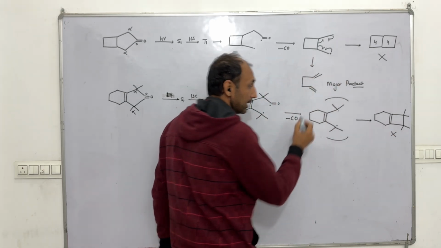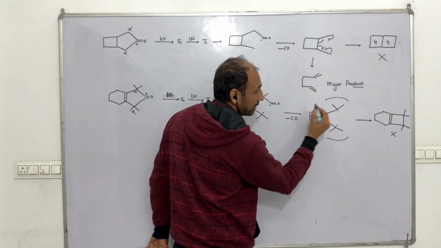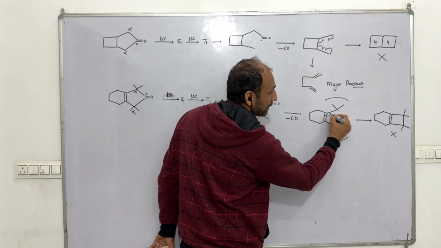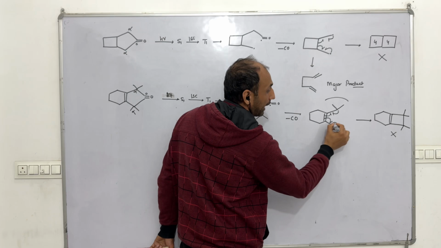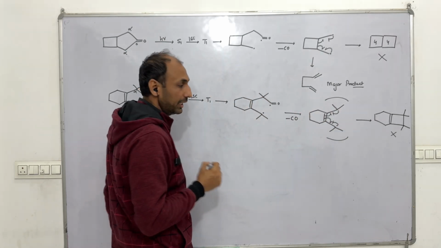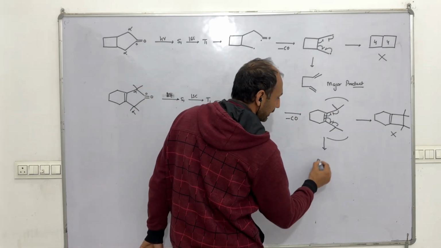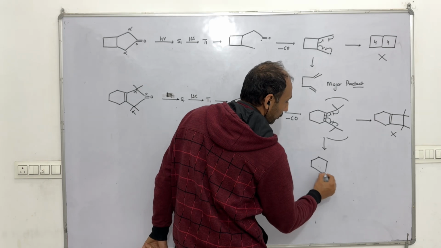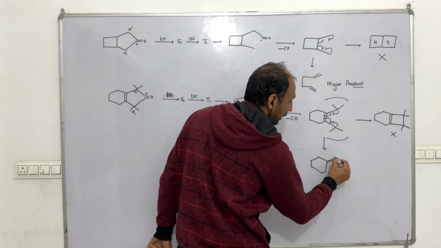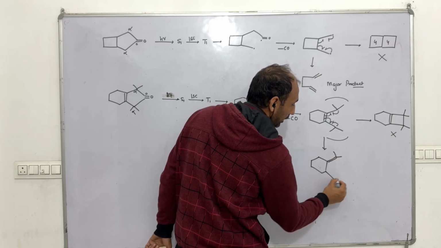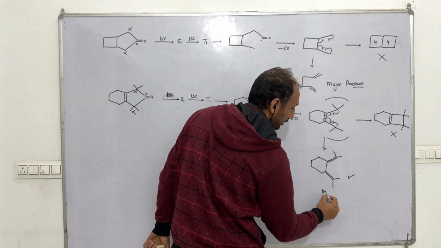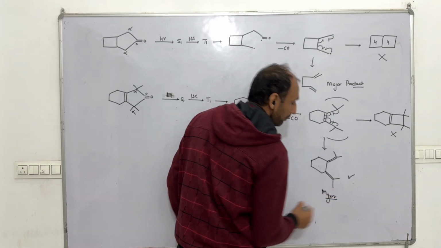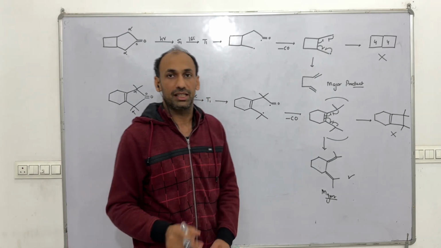Why? Because here we have a pi system, and what is this pi system doing? It is helping the radical to stabilize. So as a result, what will we get? We will get this type of system. So this will be the major product of the reaction.